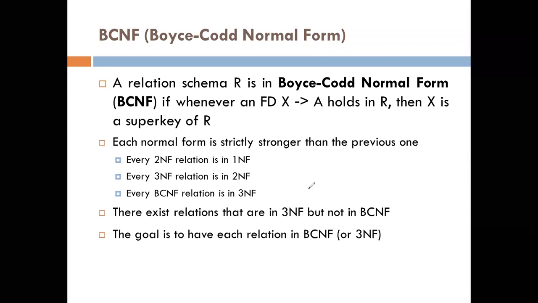So there are relations which are in 3NF but not in BCNF. So the goal of an application developer or database designer is to have their relations at least in BCNF or 3NF.